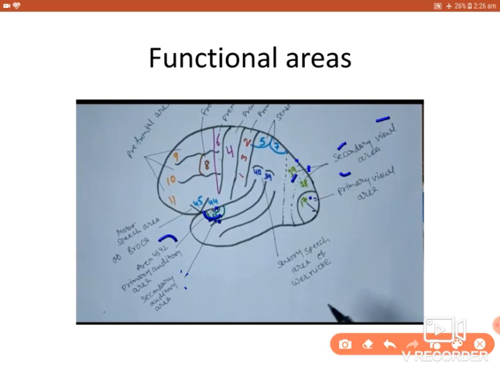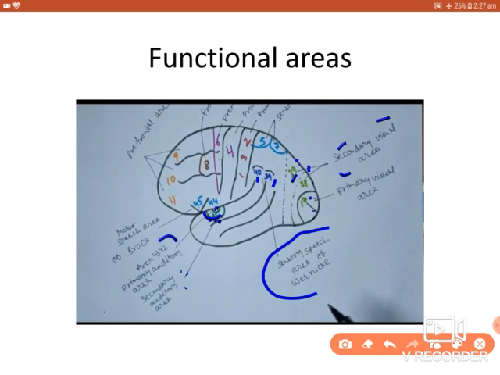Okay. Then coming to this sensory speech area, here you can see that is the area number 39 and 40. 40 is there in the supramarginal gyrus, 39 is there in the angular gyrus. Okay, that is the sensory speech area or the speech area of Wernicke. Wernicke's area is responsible for understanding the speech, and is important for reading words and writing.